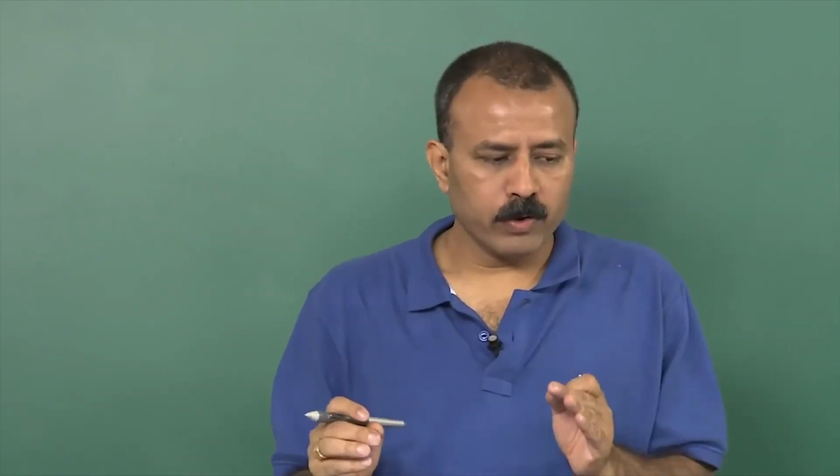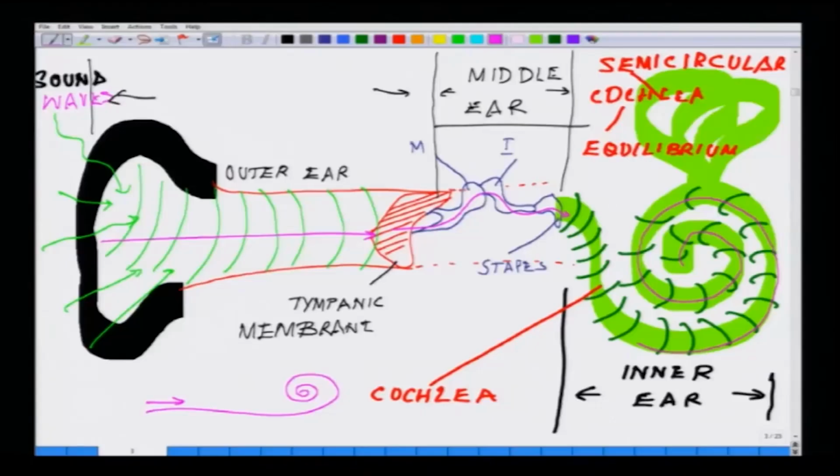Okay. Now, coming back to the next slide, what we will be doing is talking about the structure of the cells which are lining this out here. What is the structure of those cells?